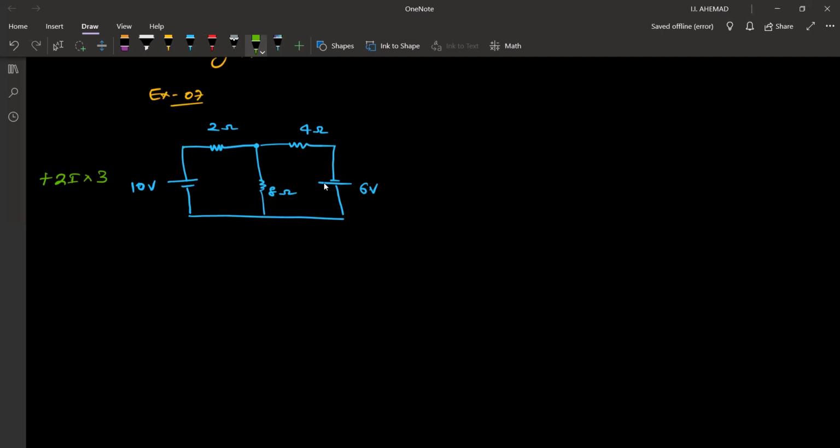So here the question is find the current through each resistor, find the current and potential drop across each resistor.